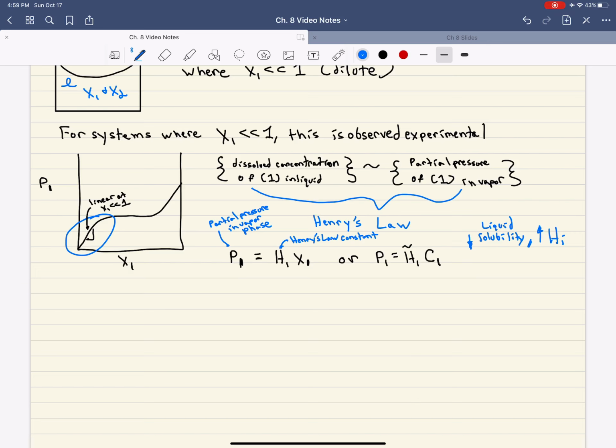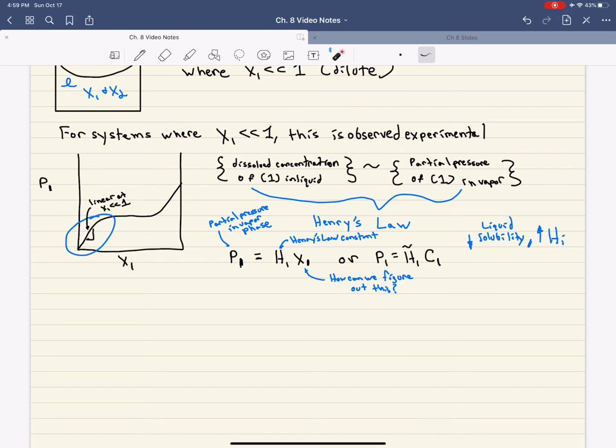In any case, the reason I wanted to introduce Henry's law here is because let's say we wanted to figure out our concentration value. Let's say we knew what H1 is and we can measure what the partial pressure is.